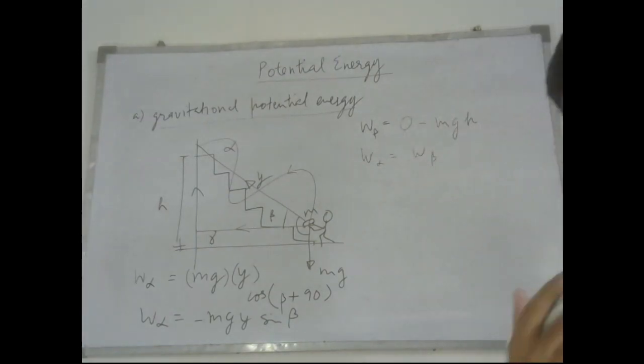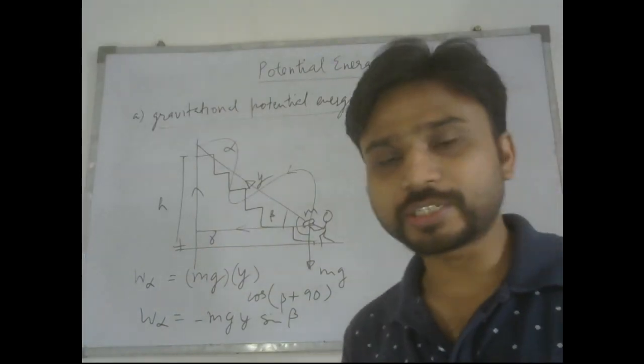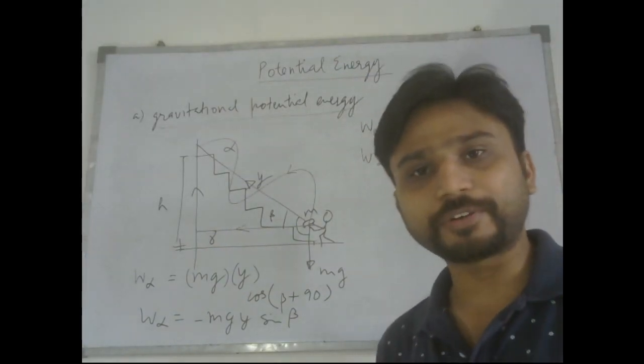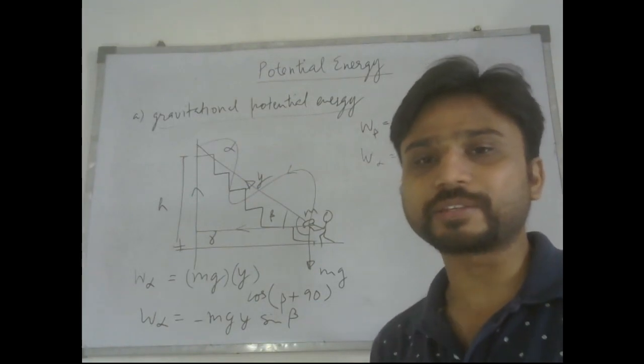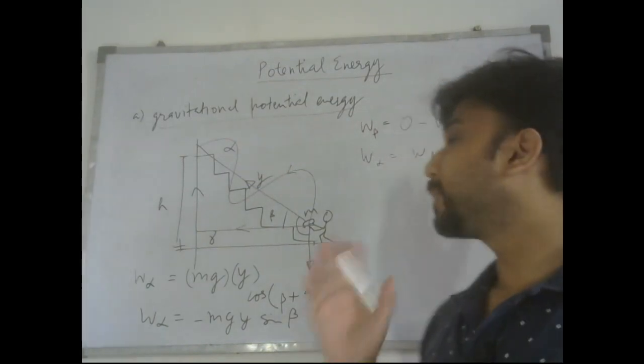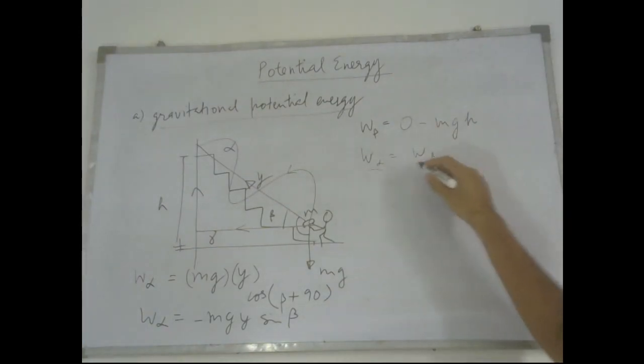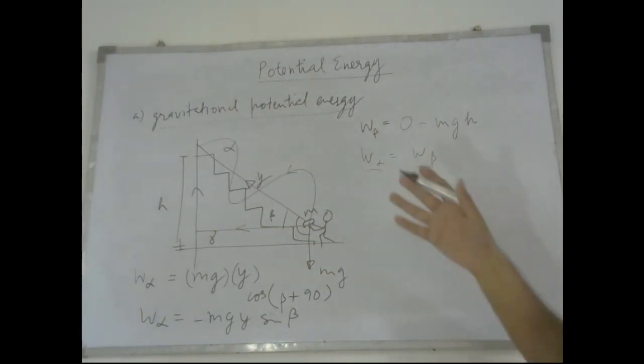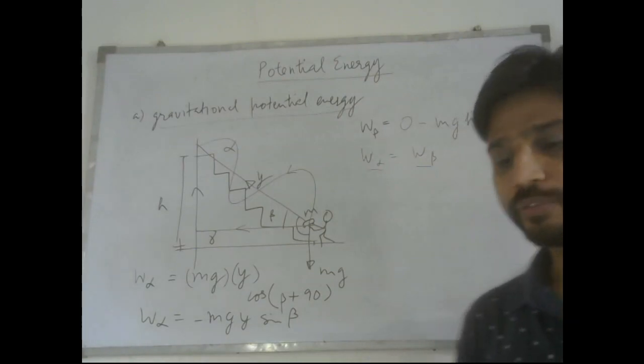So these kinds of forces, where the work done by gravity or the change in potential energy associated with the force is independent of path, are a characteristic of conservative forces, which is our next idea. I hope this idea is clear, that the work done by gravitational potential energy is independent of the path.